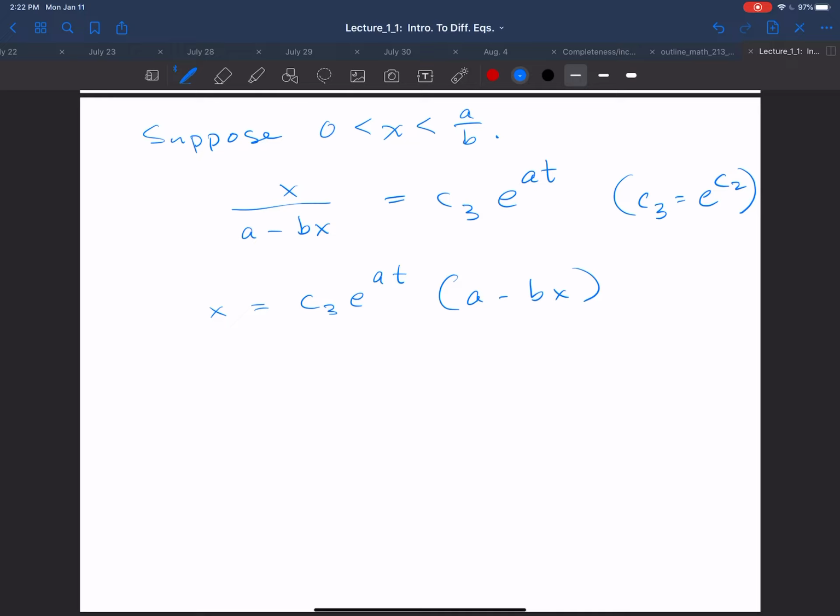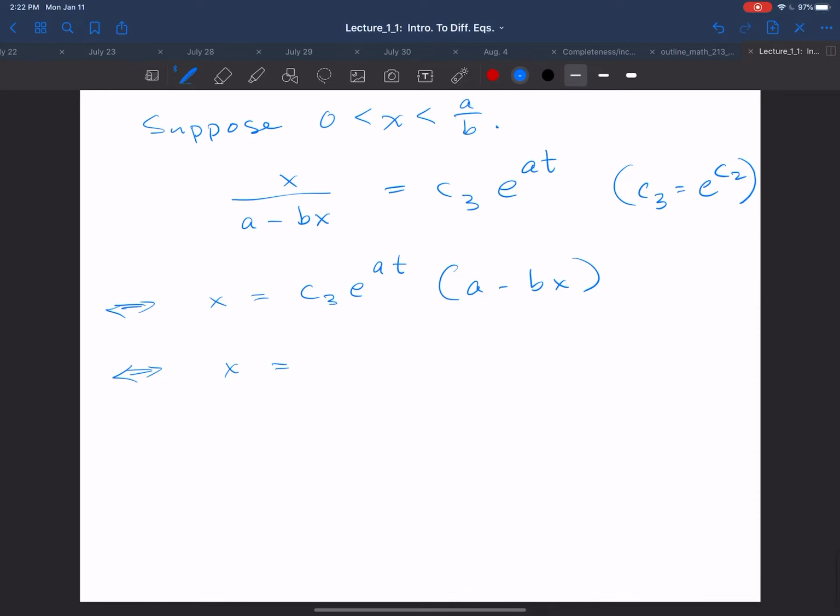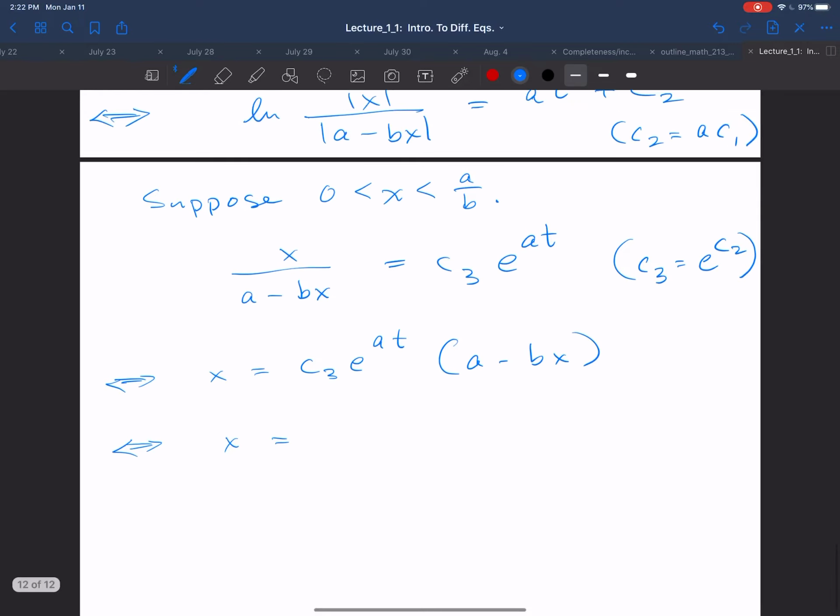And then solving for x, we can get that x is a over b times 1 over 1 plus a constant c times e to the minus at.